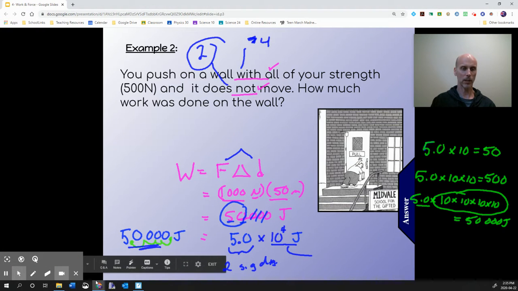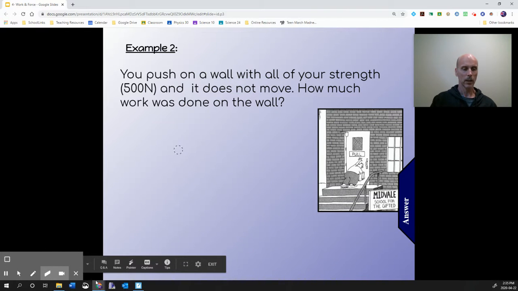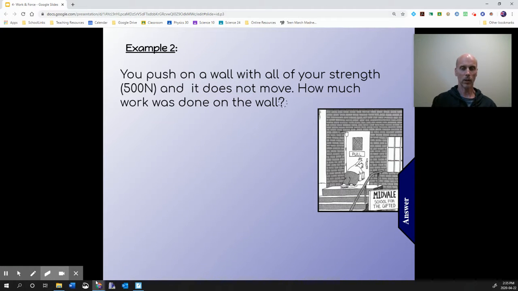Okay, let's go on to another example. You push on a wall with all of your strength, 500 newtons, and it does not move. How much work was done on the wall? Good question. Typically, we would say work is equal to force times distance, or change in position.